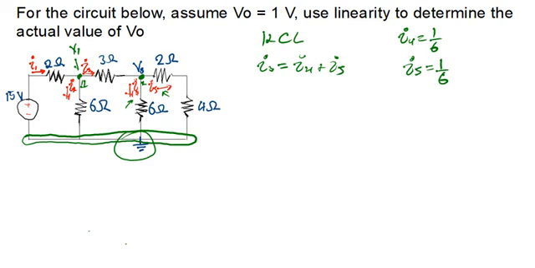By the way, that's what KCL states. Our I4 we found is 1 over 6, plus our I5 is 1 over 6 as well. So our I3 will be equal to 1 over 3, because you're going to have 2 over 6, and 2 into 2 is 1, 2 into 6 is 3. So we have found that our I3 is equal to 1 over 3.